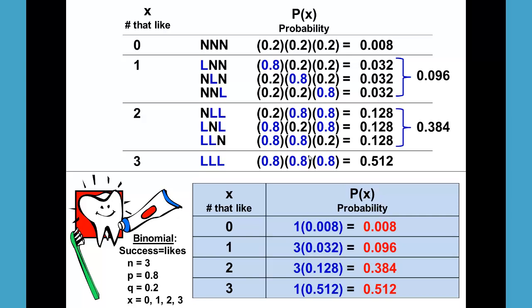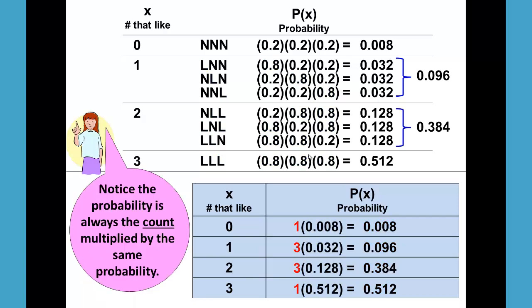Now, we have a pattern here, and we will need to be able to expand this problem for our future problems. So, notice that the probability is always a count, notice the numbers in red, multiplied by the same probabilities. Notice the 1, 3, 3, and 1, which are the counts, multiplied by the probabilities that are always the same for each of those.